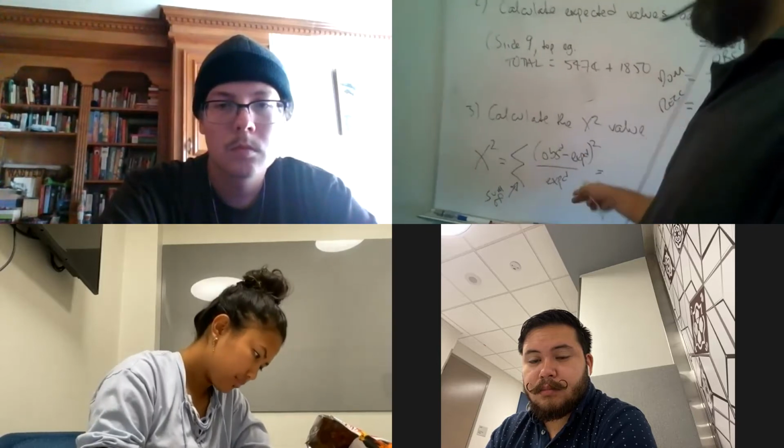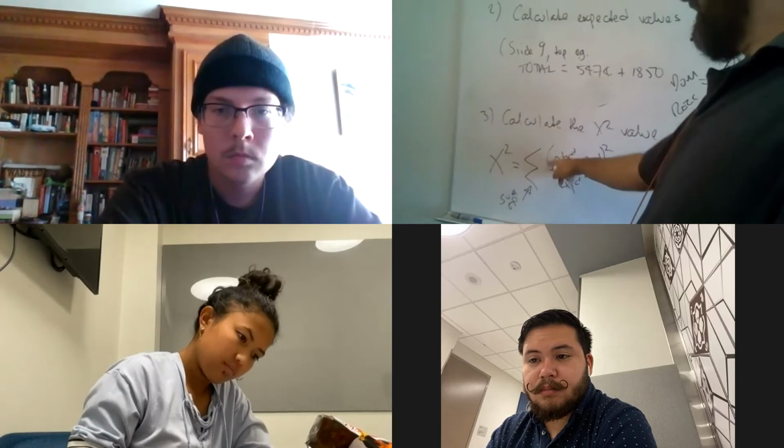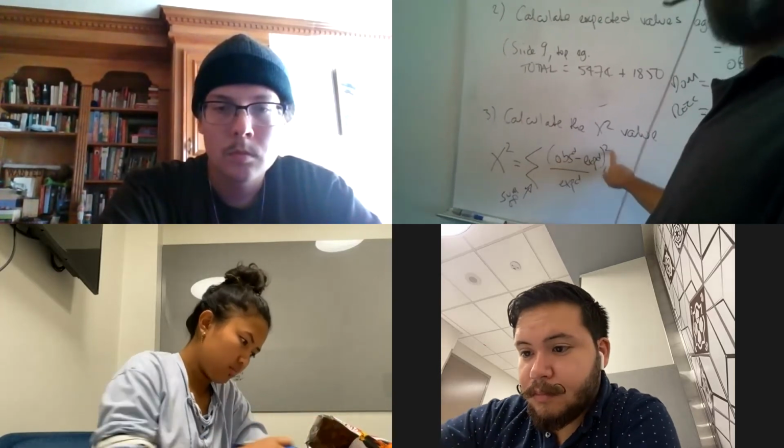Right? And so as with what we showed in Excel, you do the function within the brackets or the parentheses first, and then you square it.